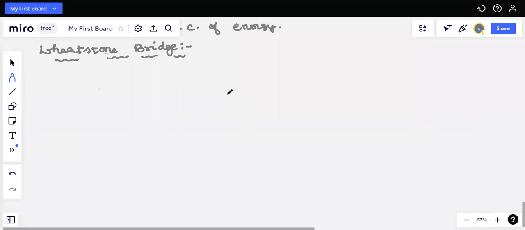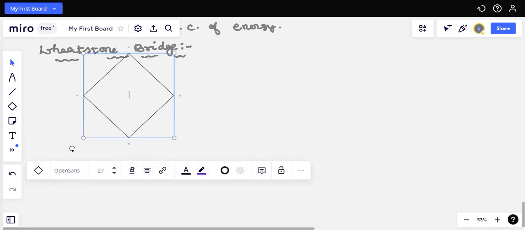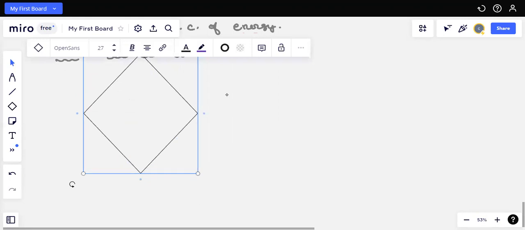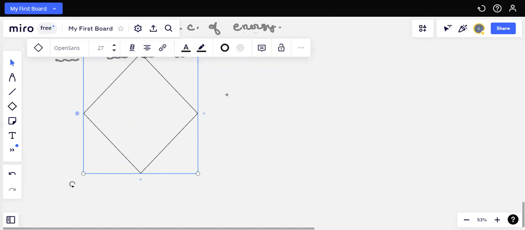And here we are going to first draw like this. Are able to draw the diagrams here?